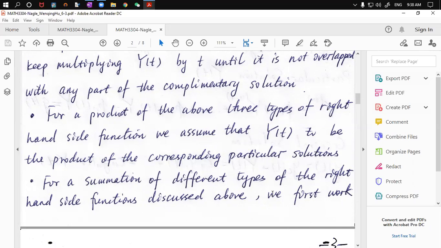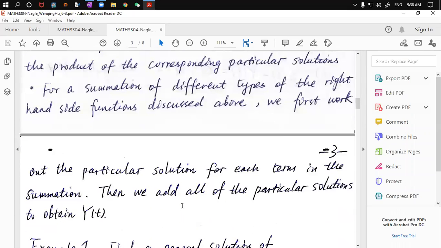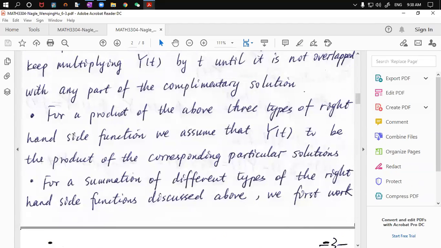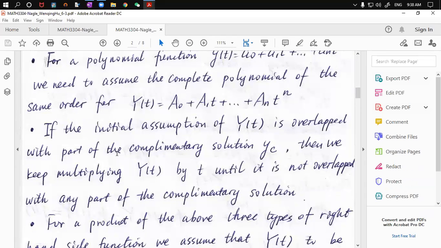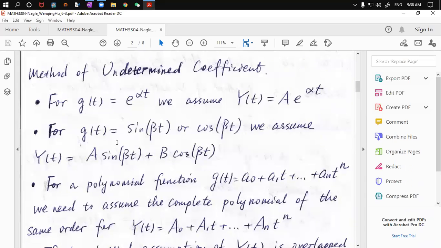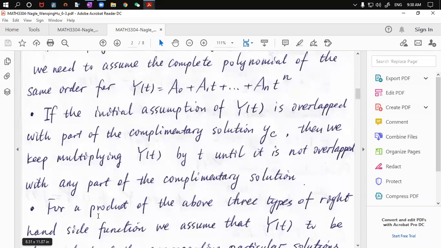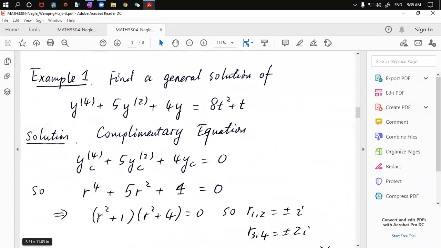And if there is a summation, then again you divide this summation, decompose it into each of the parts, work out the particular solution for each term in the summation, and add all of them. These two are the so-called divide and conquer principle, and this one is about the golden principle. There are three basic principles that have been discussed here. These are just to remind you what happens.